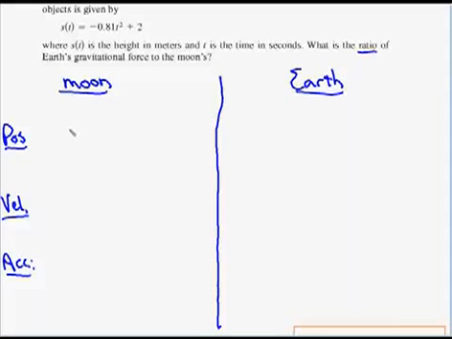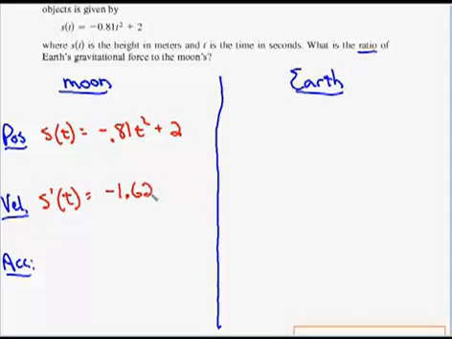So the position function for the moon, let me switch over here to red, s of t, is given right up at the top of the slide: negative 0.81 t squared plus 2. The velocity function is just the derivative of the position. S prime of t is equal to negative 1.62 t, and the 2 would derive off.